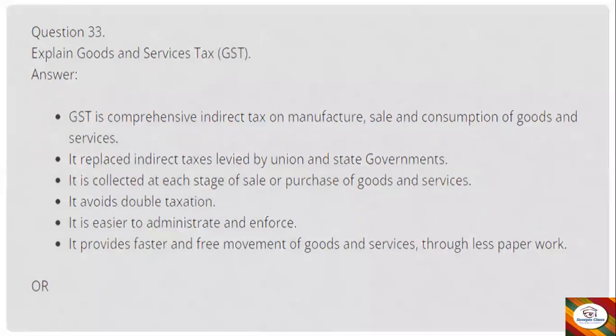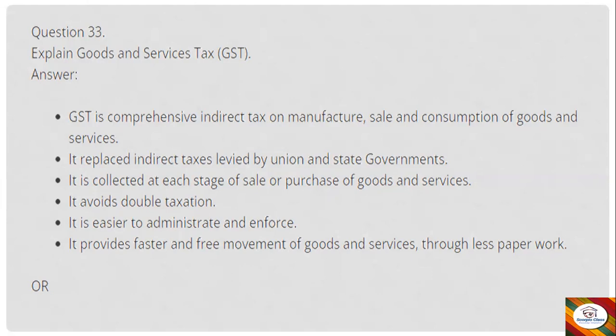Next, question number 33. Again, you have an internal choice in this question. Explain Goods and Services Tax, that is GST. Answer. GST is a comprehensive indirect tax on manufacture, sale, and consumption of goods and services. It replaced indirect taxes levied by union and state governments.